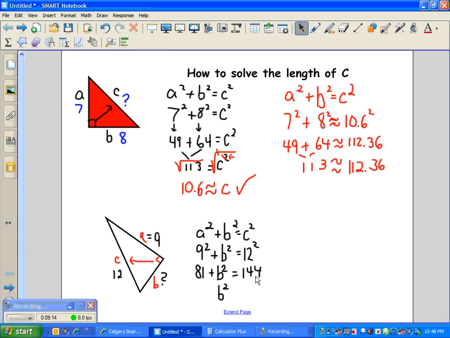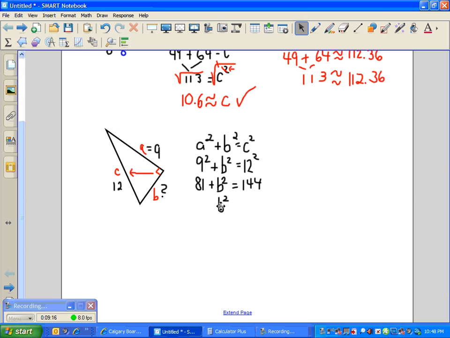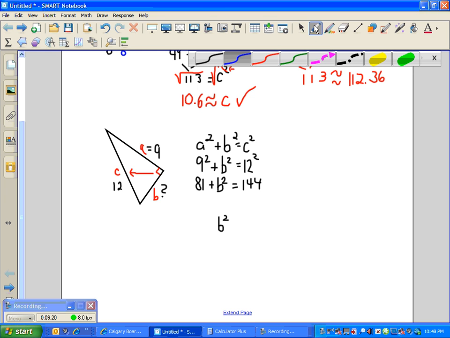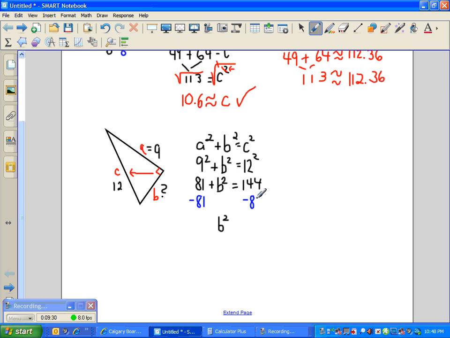Before we can get B squared alone, we're going to subtract 81 from both sides. Because in algebra, if we've gained 81, we have to lose it. If we lose it on one side, we have to lose it on the other side as well.